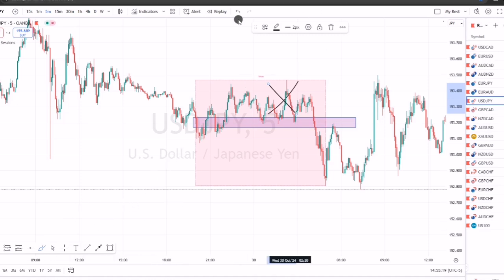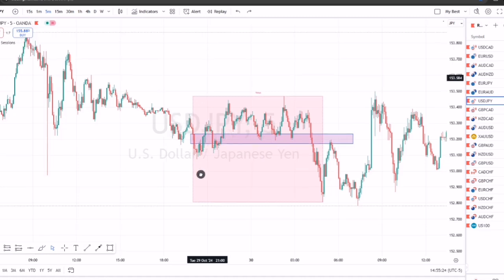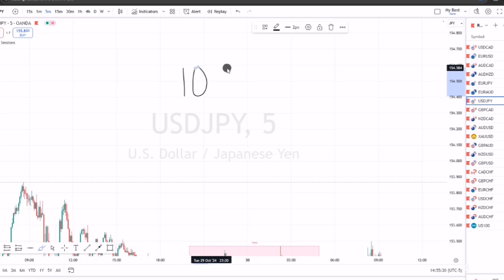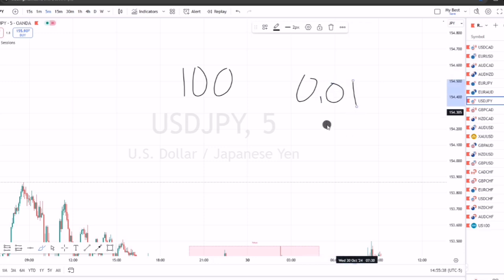Let me show you how to calculate your lot size. A reasonable way is that for every $100 of account size, you use 0.01. You are new, you are still learning to make profits in the market, so this is best for you.